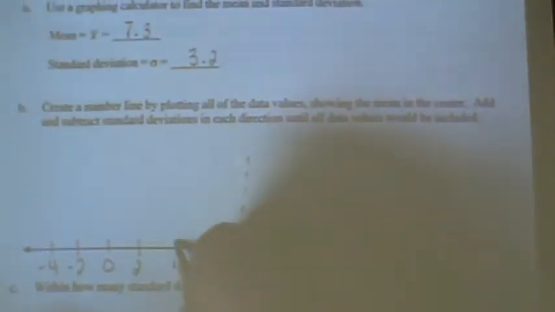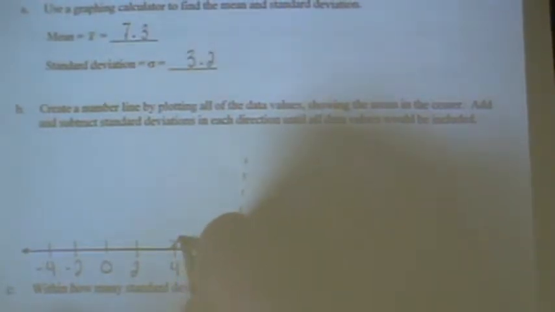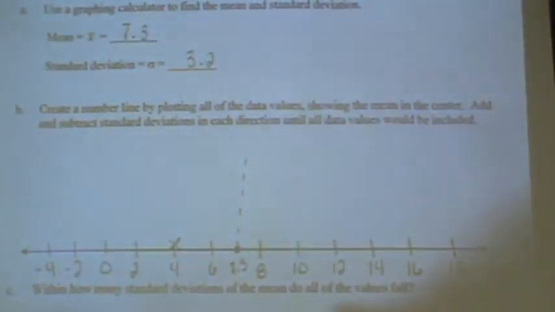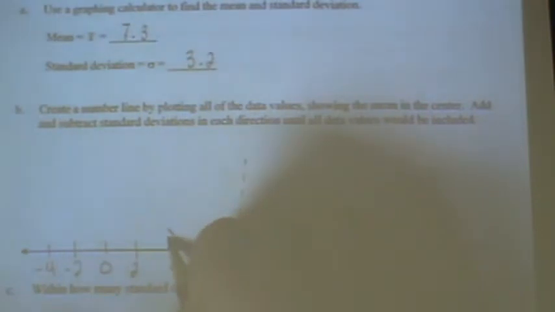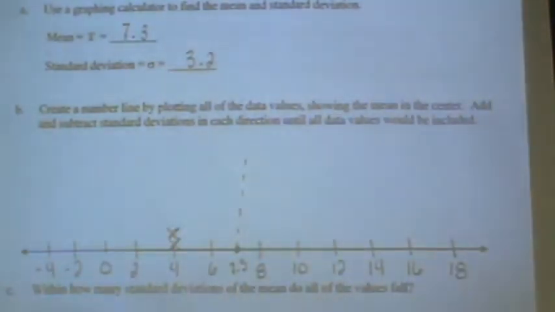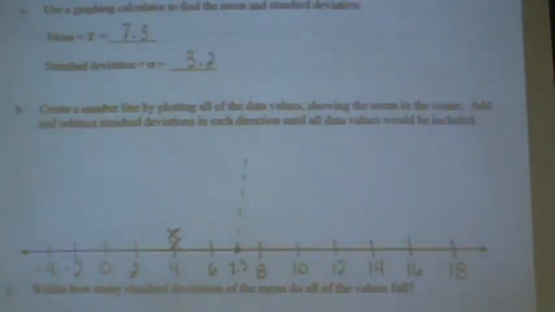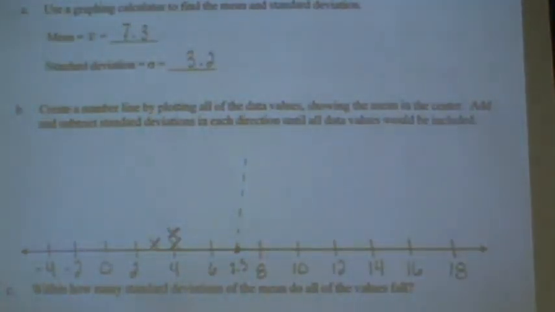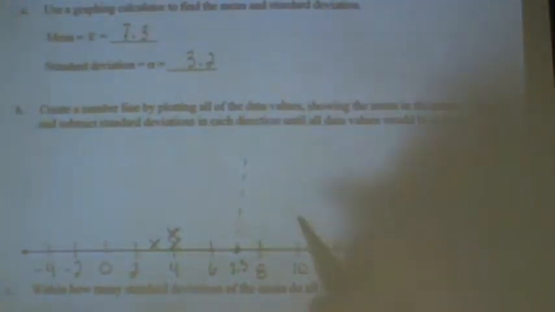So we've got a 4, so we'll put an X at the 4. Then we've got another 4, so we'll just put an X on top. So we have 2 X's now at 4. We have a 3, so that's in between our 2 and our 4. We've got an 11, that's in between the 10 and the 12.